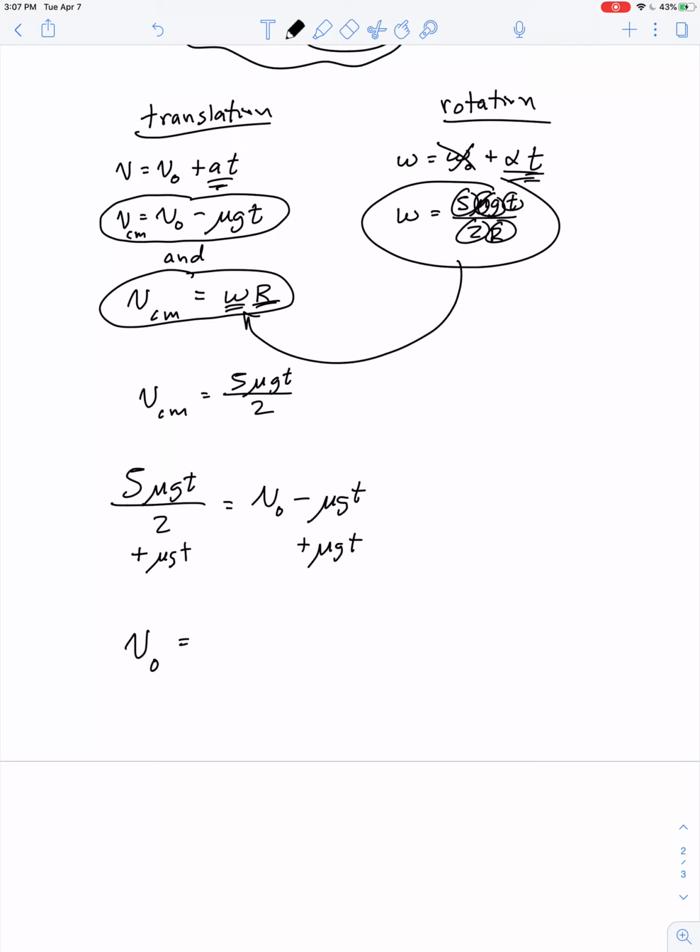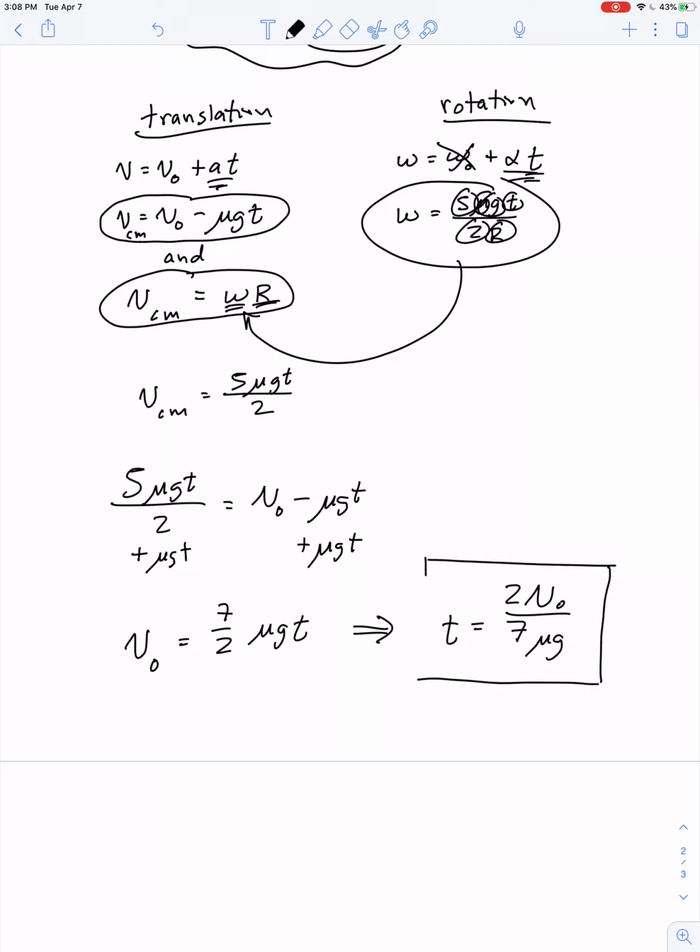V naught is equal to 7 halves mu gt, which is the same as saying t is equal to 2 v naught divided by 7 mu g.